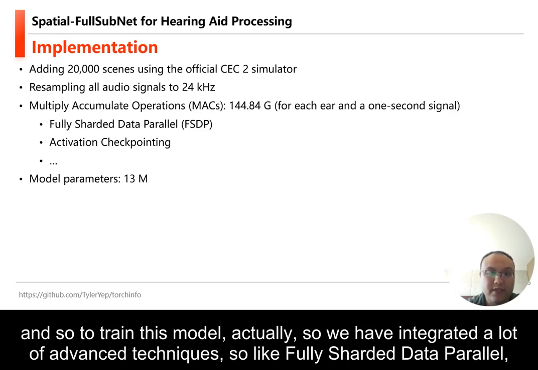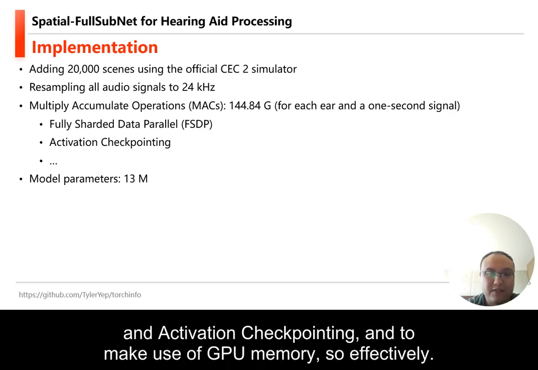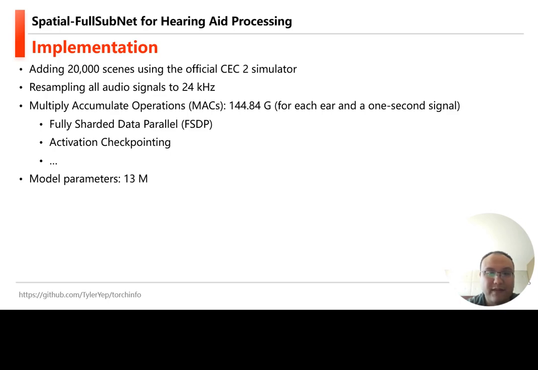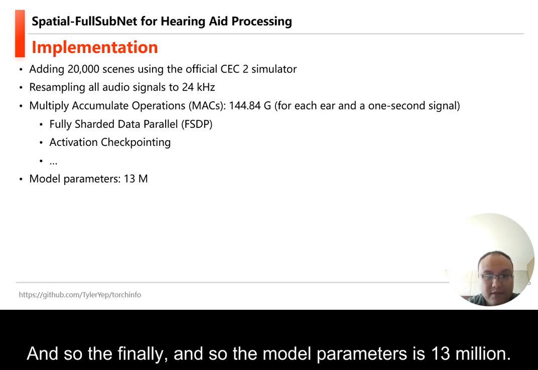To train this model, we integrated a lot of advanced techniques, like fully sharded data parallel and activation checkpointing, to make effective use of GPU memory. Finally, the model has 13 million parameters.